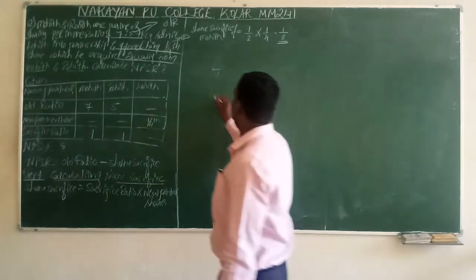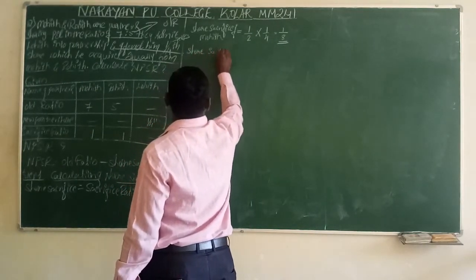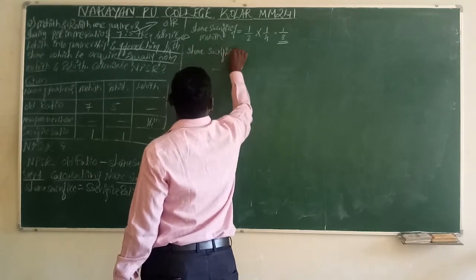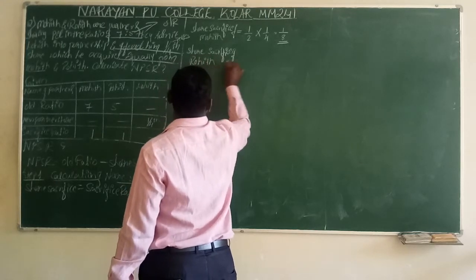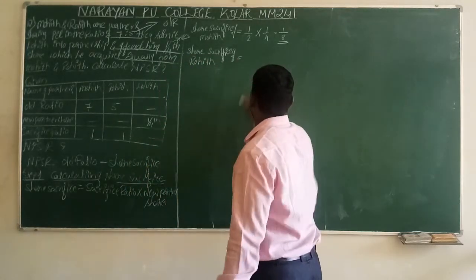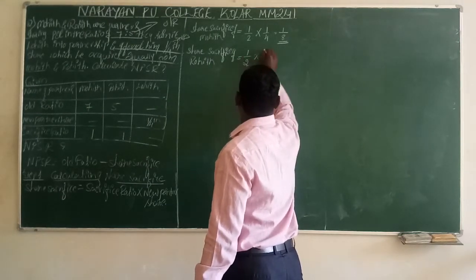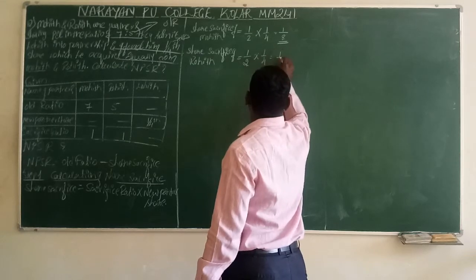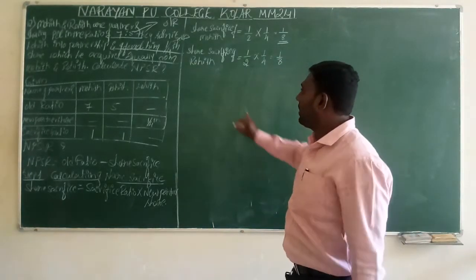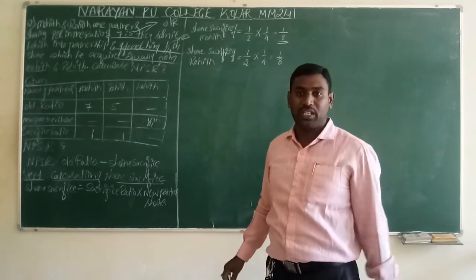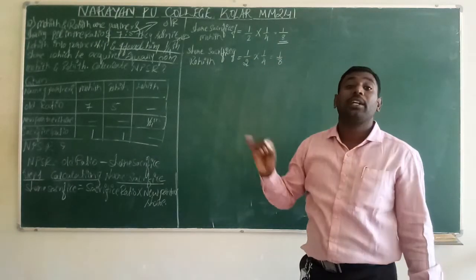Like this we have to calculate the share sacrifice of Rohit, which is equal to 1/2 into 1/4, again 1/8. Both the partners' share sacrifice is equal because the sacrifice ratio is equally given, 1:1. If the ratio is different, then the shares will also have different values.